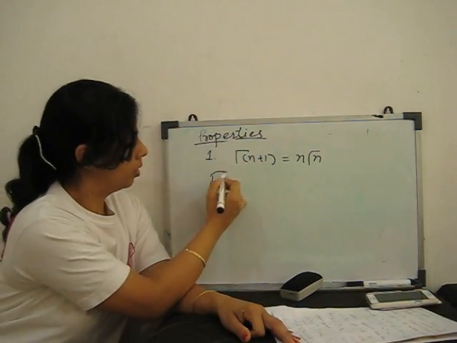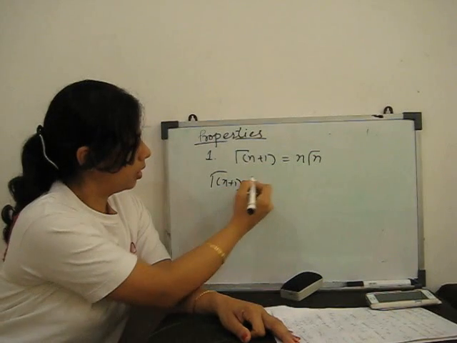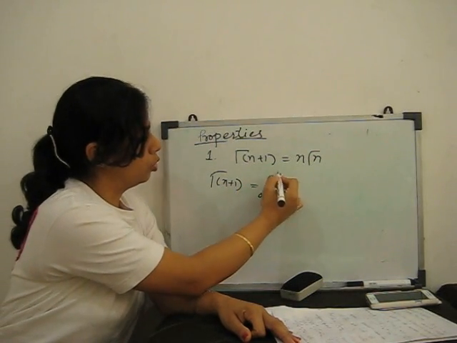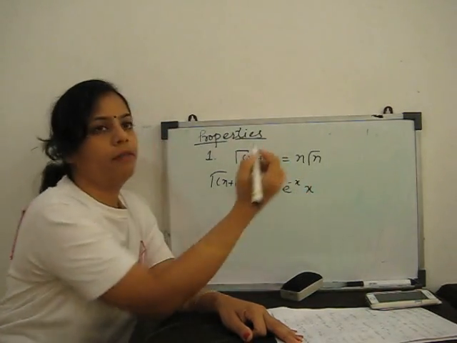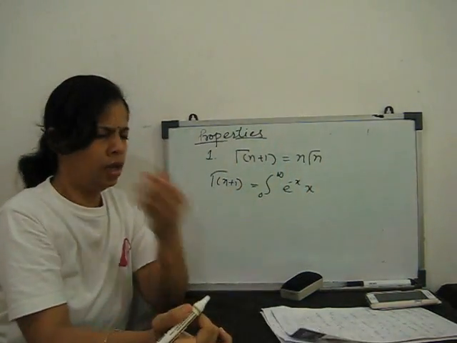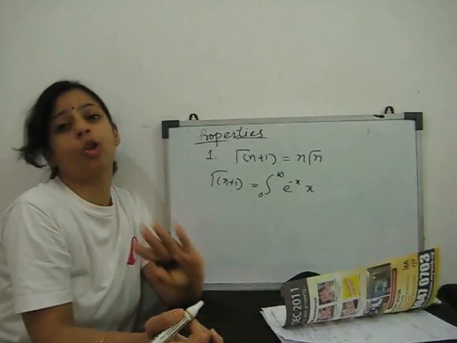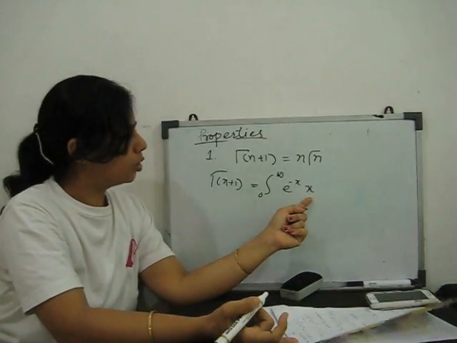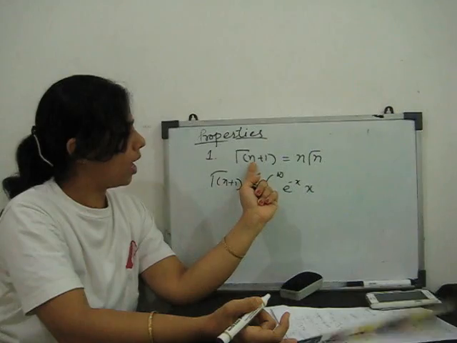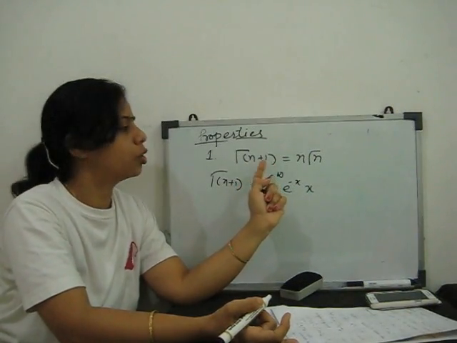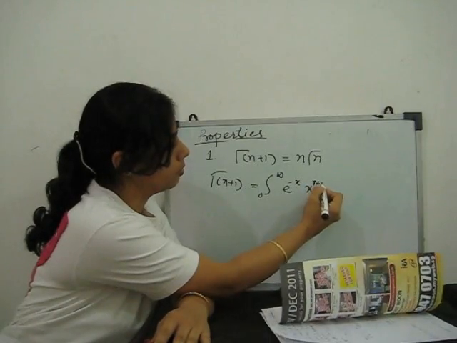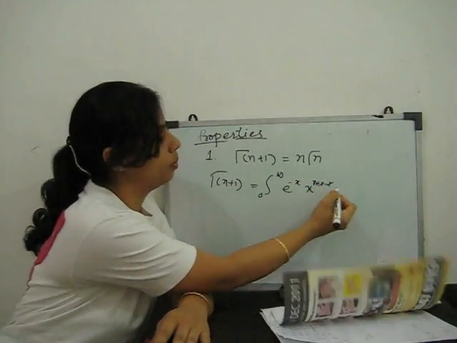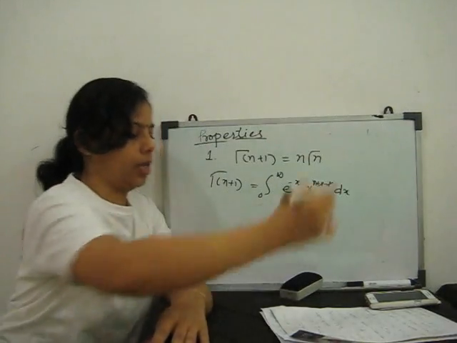If you write gamma of n plus 1, our integral is from 0 to infinity of e to the power minus x, x to the power n minus 1, where n is replaced by n plus 1. So n plus 1 minus 1 cancels, giving x to the power n dx.